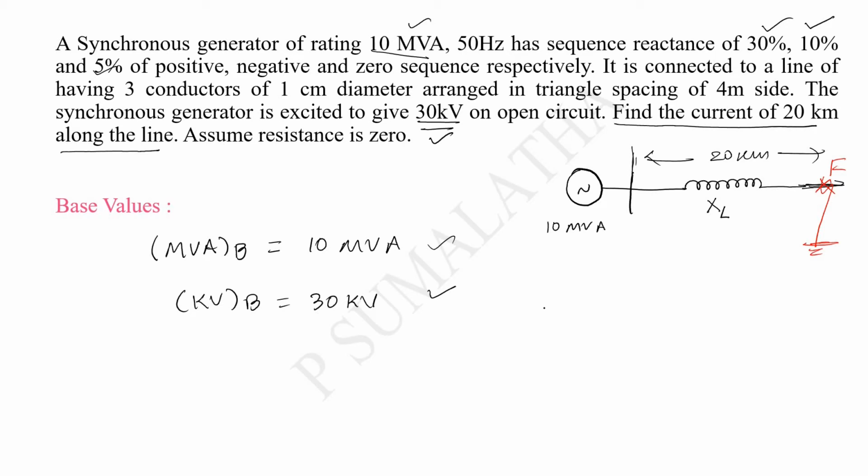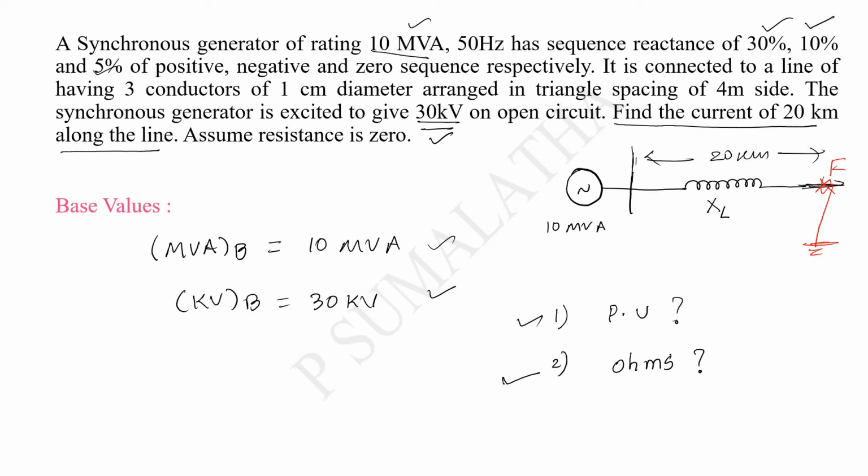Now before proceeding to the calculations, we need to think about 2 points. One is whether we have to find the reactances in per unit values or in ohms. Because till now, in the problems we have done, we used to find the reactances directly in per unit values, except the transmission line, because majority of the time the transmission line reactance will be given in ohms.